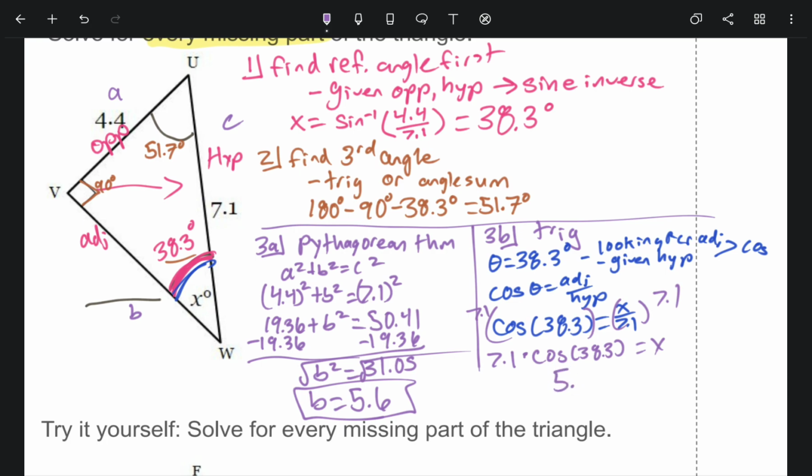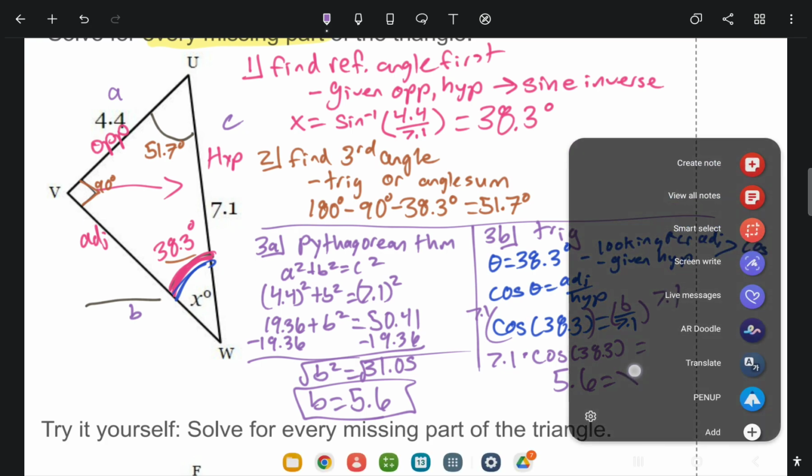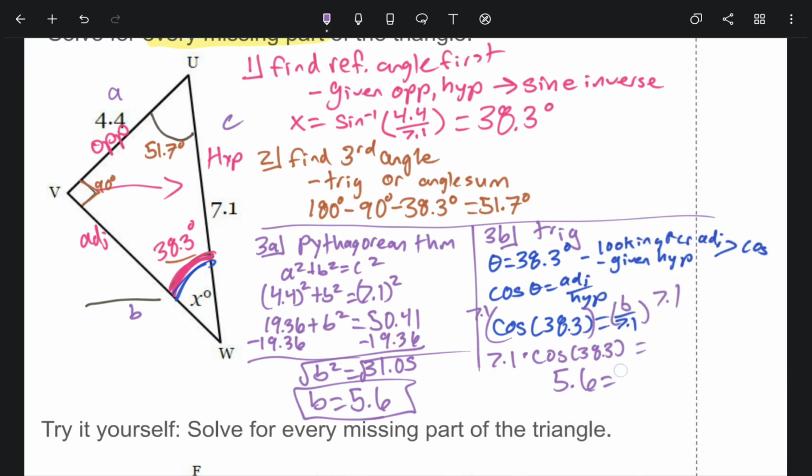Plug that all in, we get 5.6 for our side, which I actually should have labeled as B, but it's fine. But as we can see, we got the same value either way, so you can pick which one you find easier.